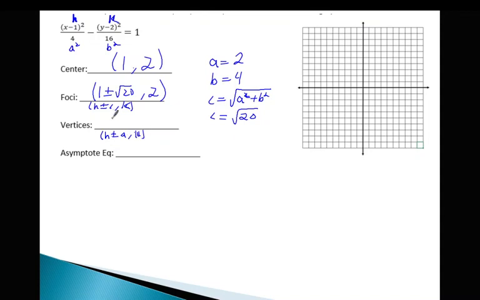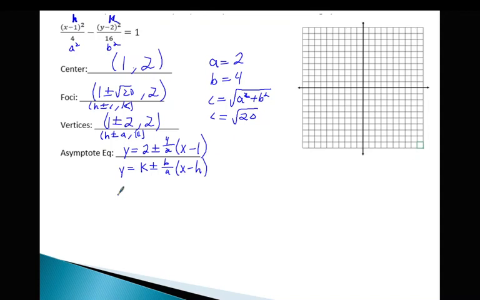In this case, h is 1, plus or minus a is 2, comma 2. My asymptote equation is y equals k plus or minus b over a, x minus h. So here we go. Y equals k is 2, so it's 2, plus or minus b is 4, a is 2, x minus 1. Okay, there is all of my information just taken off a formula chart, just like what we've done with ellipse.